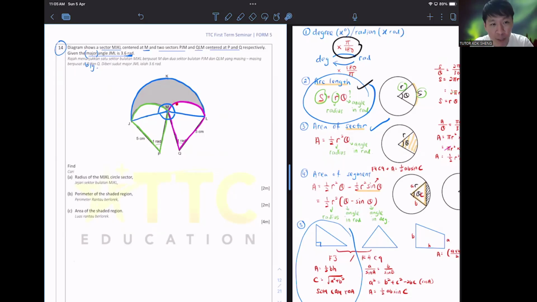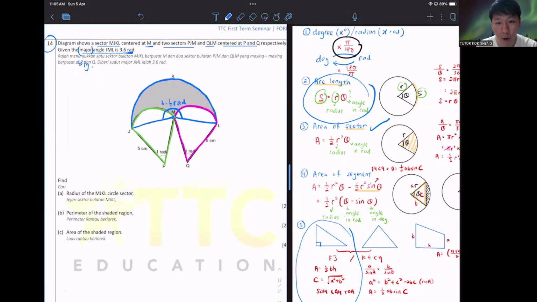You can see on top is already more than 180, and the bottom one is less than 180. That's why the major angle is 3.6 on top. So this is the info given, nothing else.